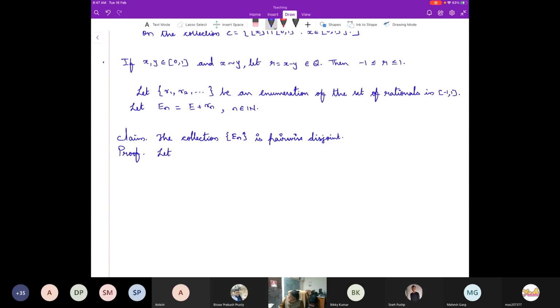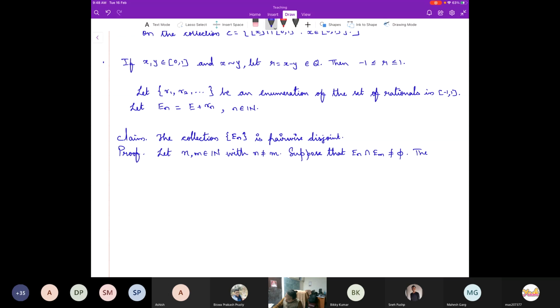Let n, m belong to N with n not equal to m. Suppose that En intersection Em is non-empty. We'll have to come up with a contradiction.